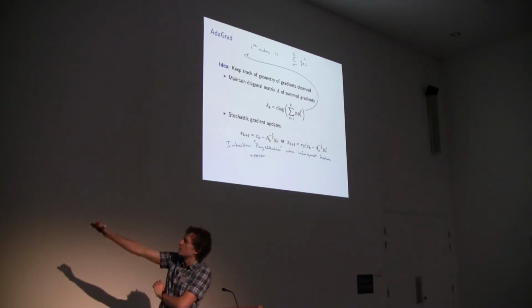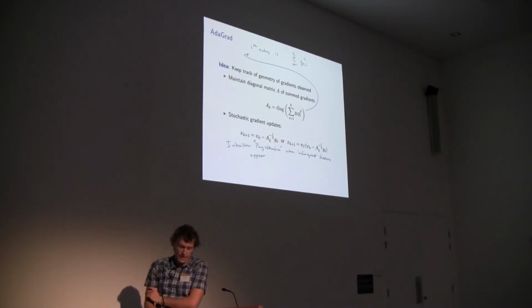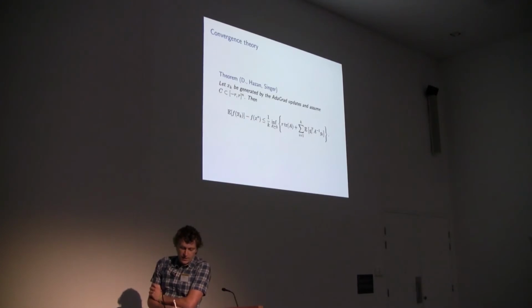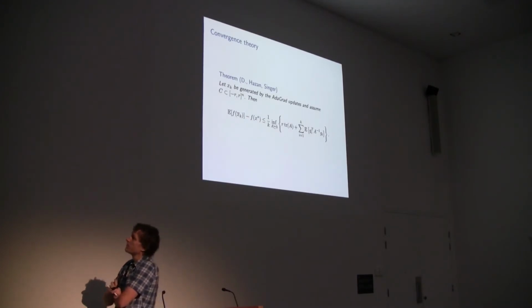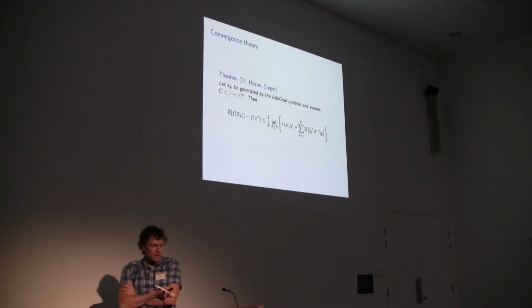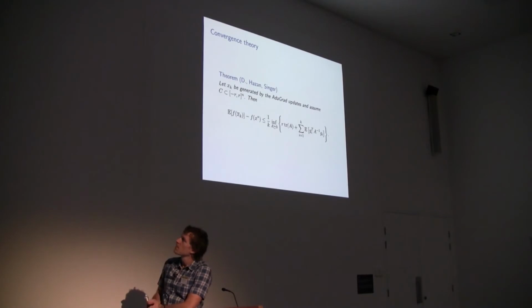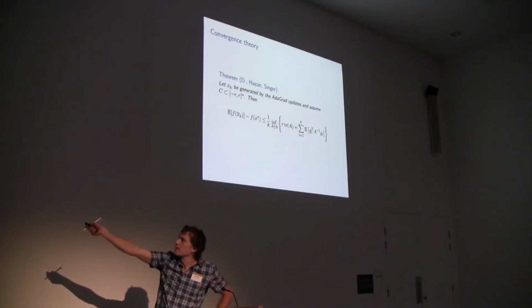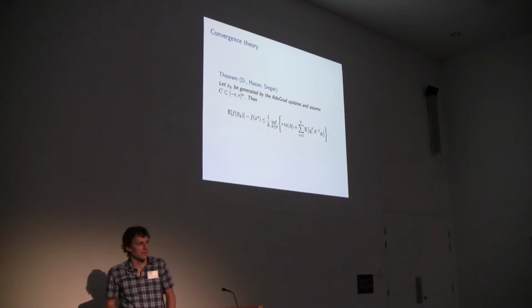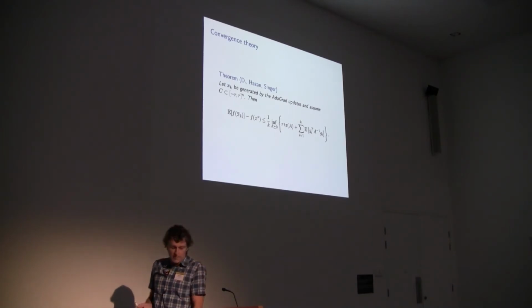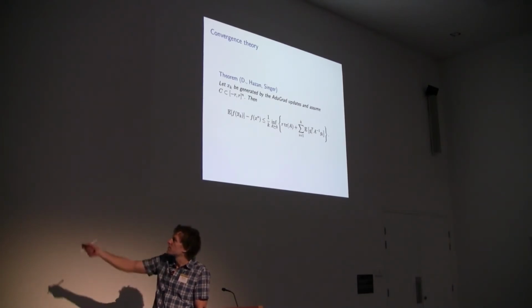And this scaling, of course, is easy to compute. You can do this in linear time. Then you can prove this theorem: if you let x be generated by the Adagrad updates, and we assume that our constraint set is a subset of the L-infinity ball of radius r, then Adagrad is in some sense optimal.